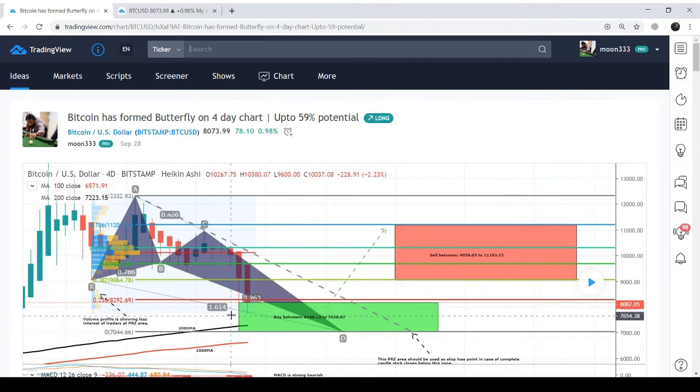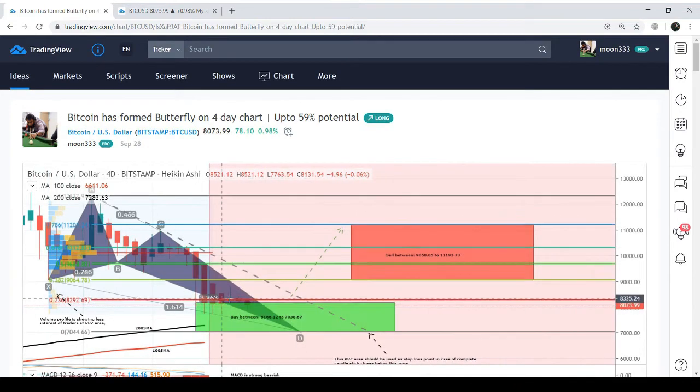We had strong support on this 4-day chart from the 200 simple moving average first, and the 100 simple moving average after that, just beneath this potential reversal zone, and the 200 moving average is within this potential reversal zone. If I play the chart now, the price action is moving sideways and is ready to take the bullish divergence as soon as possible.